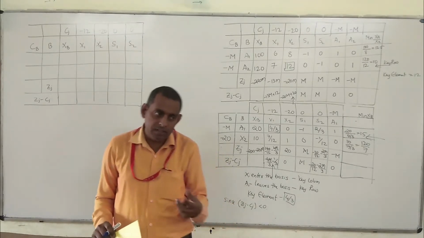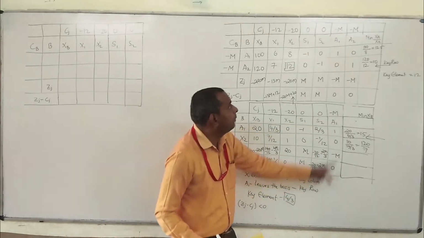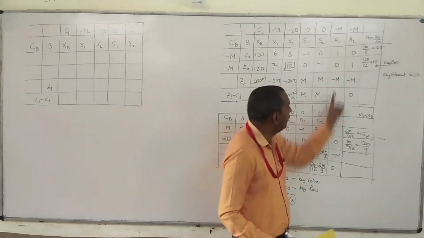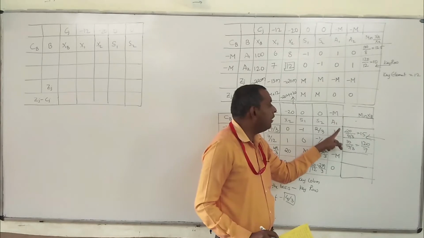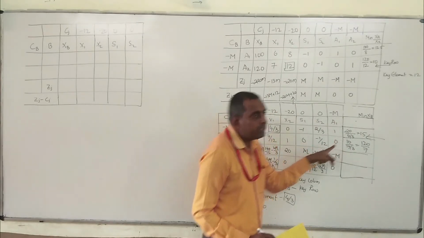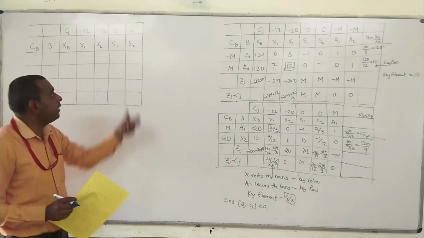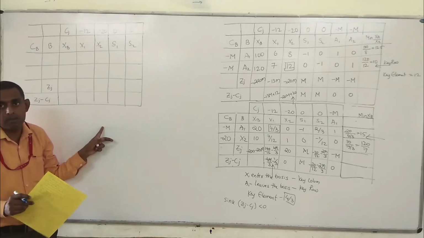Here A2 leaves the basis, so we have removed A2 from the next simplex table, whereas in this simplex table A1 leaves the basis, so make sure that A1 should not be there in the next simplex table. That's why this third simplex table is a modified simplex table.